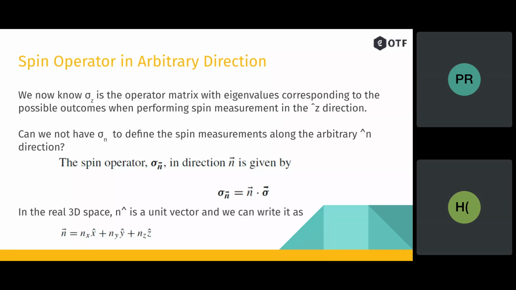We are not looking at just x, y, z right now, but at hyperspace. So sigma n equals vector n dot sigma. Why is this there? We are looking at an arbitrary direction, which is n.